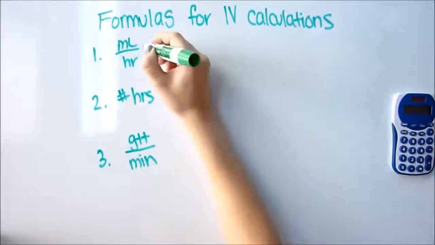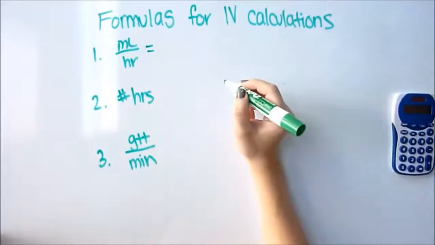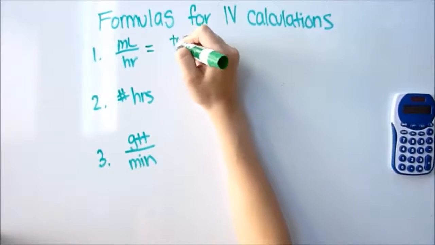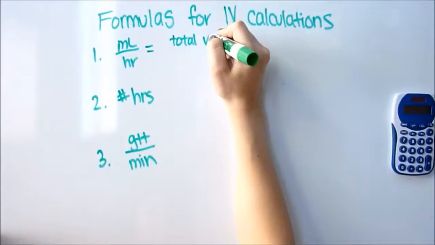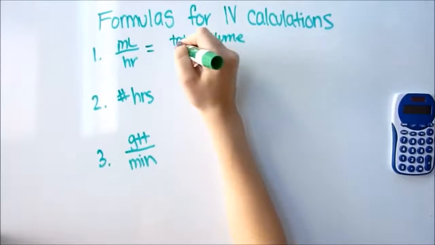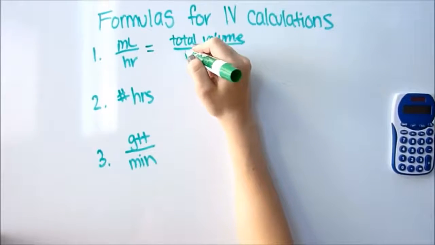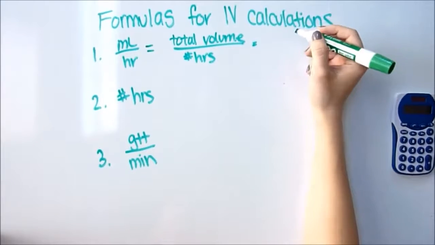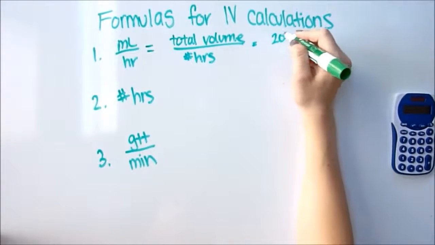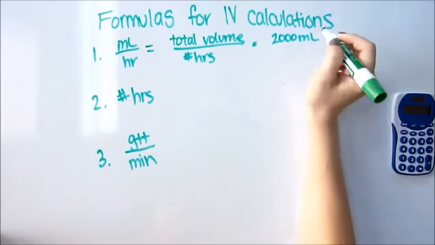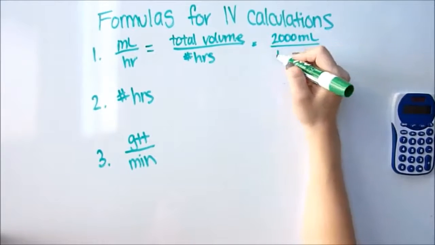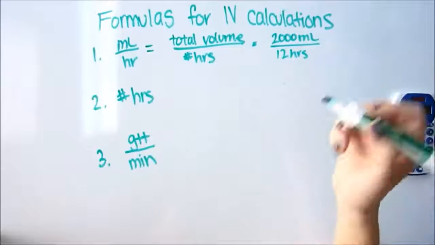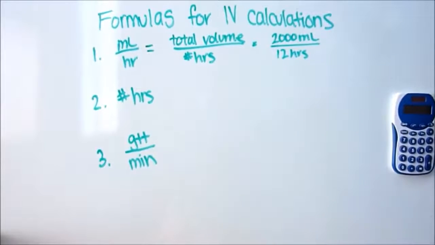When we're looking for ml per hour, that is your total volume over the number of hours you will be infusing. For example, the problem will say 2,000 ml is being infused over 12 hours. That's just one example.